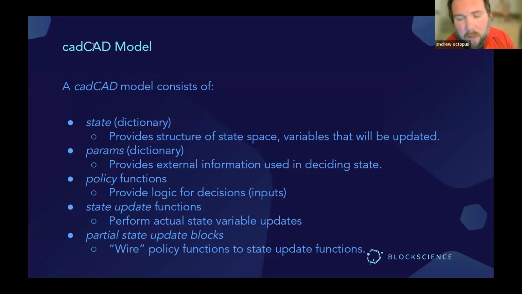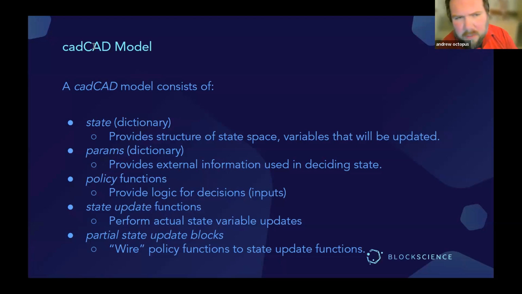And these inputs will update the state variables like we just saw and discussed. There are the state update functions that perform the actual state variable updates using information that is passed through from the policy functions. And then policy functions and state update functions are wired together into partial state update blocks that ultimately result in the system updates.